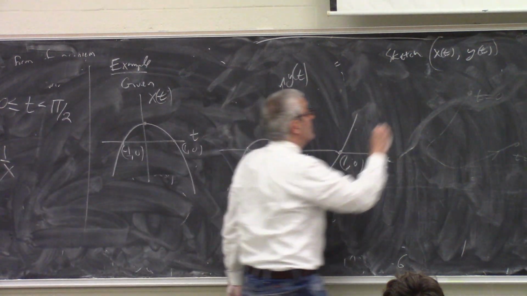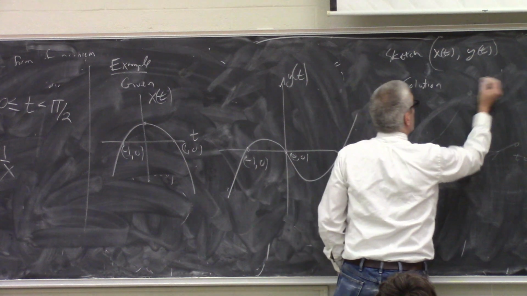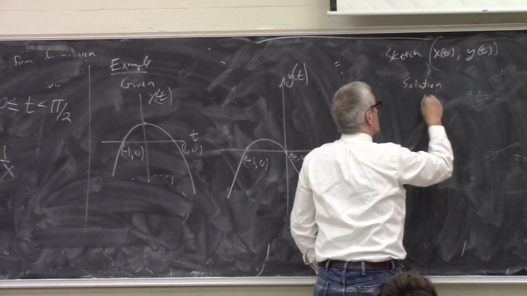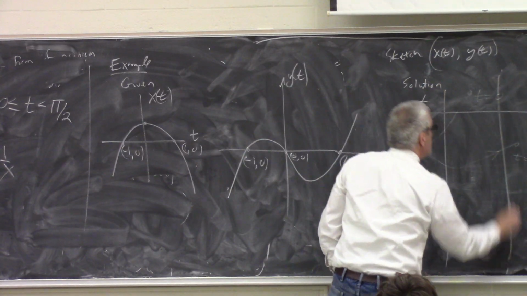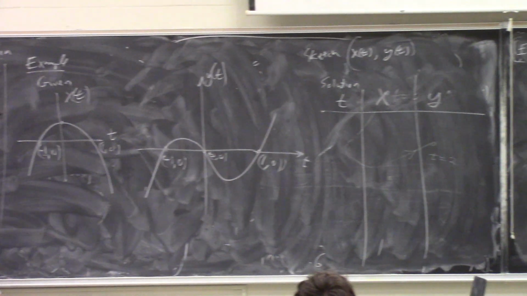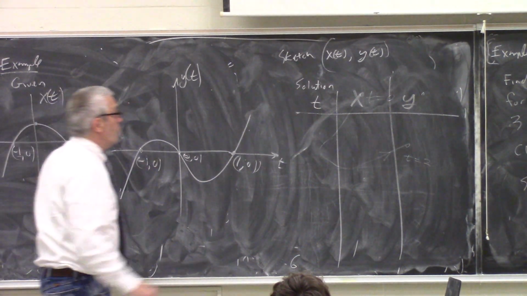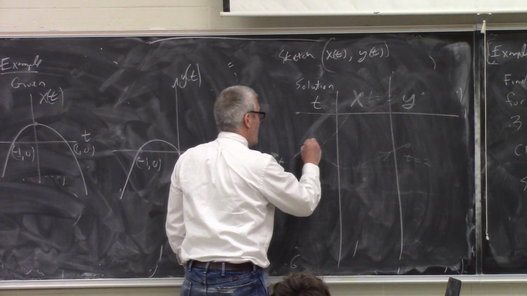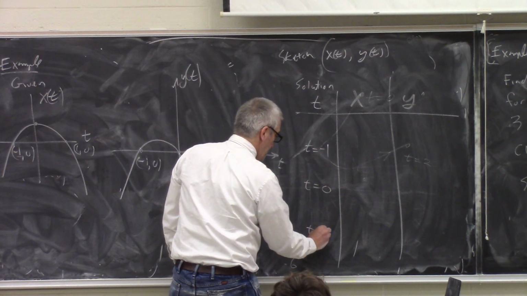Well, I'm going to just make a table. So I've got some easy values when time is -1, 0, and 1. So leave some space here. Time equals -1, time equals 0, time equals 1.